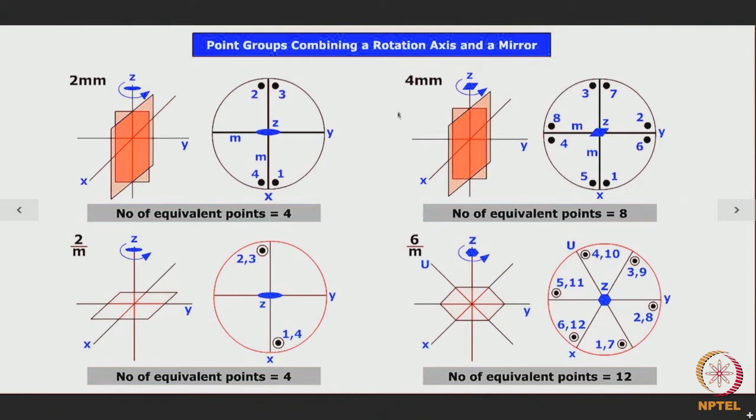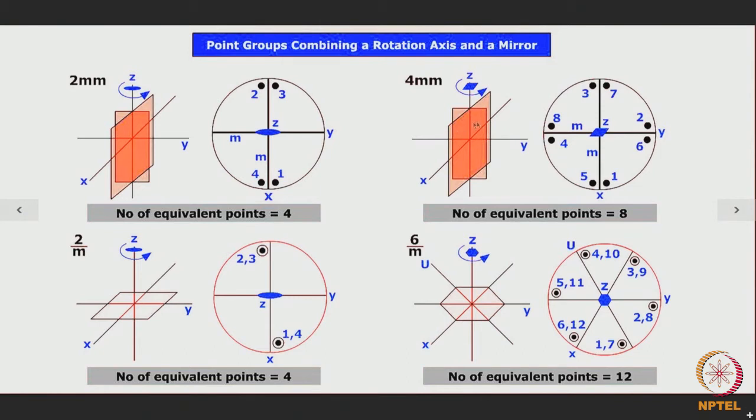We combine a four-fold rotor with a mirror containing it. Say we have the four-fold rotor along the z direction, and let us have this vertical mirror. We combine the four-fold rotor with this vertical mirror.